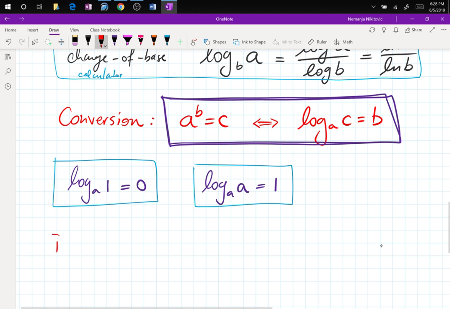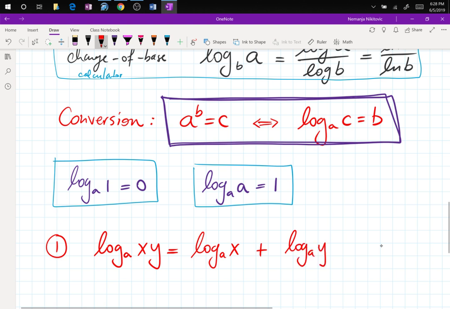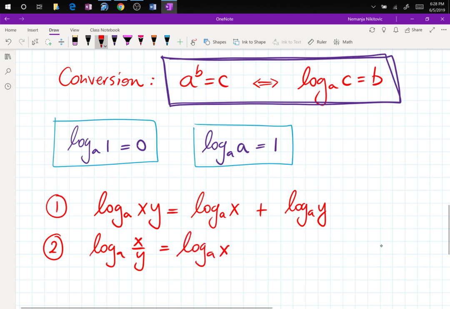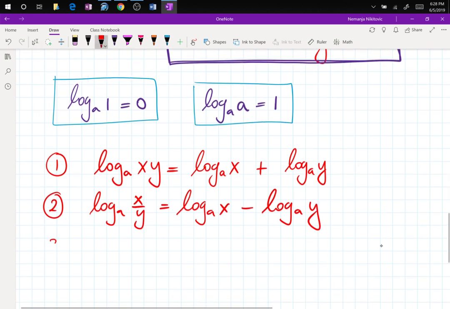Those are the three formulas that convert log base a, or you can do ln, doesn't matter, of xy into log a x plus log a y. For the difference, log a of x over y is log a x minus log a y.